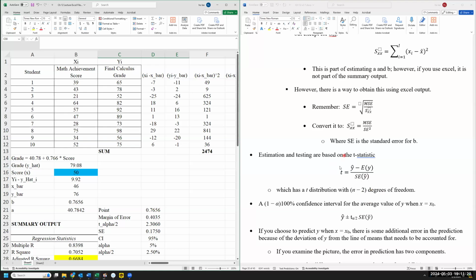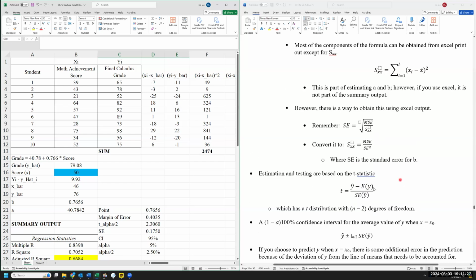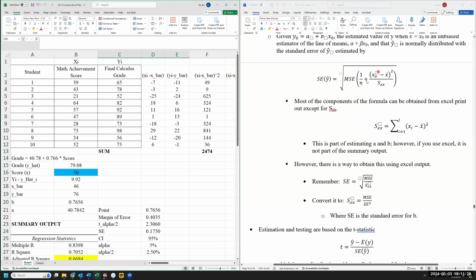The t statistic is y hat minus the expected value of y, divided by the standard error of y hat. Standard error of y hat is this expression right here.